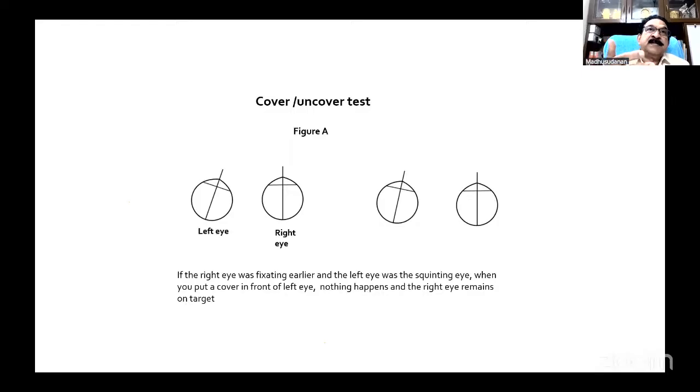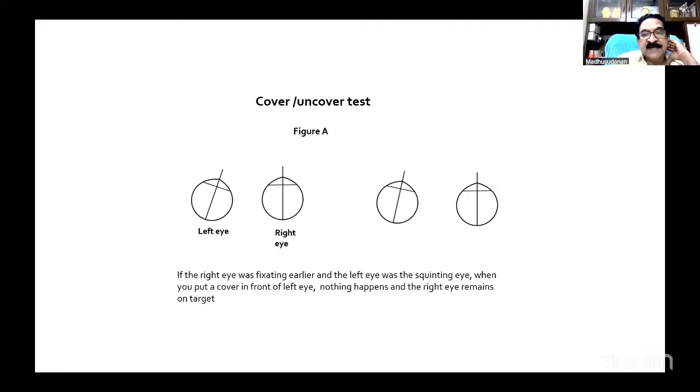Because with subtle paralysis, you are not sure whether it's present or not. So imagine the left eye is the one which is mildly deviated inside, which is not obvious to you. The left eye is the affected eye, and the fixing eye was the right eye. The right eye was fixing earlier and the left eye was a squinting eye. When you put a cover in front of the left eye, what will happen?